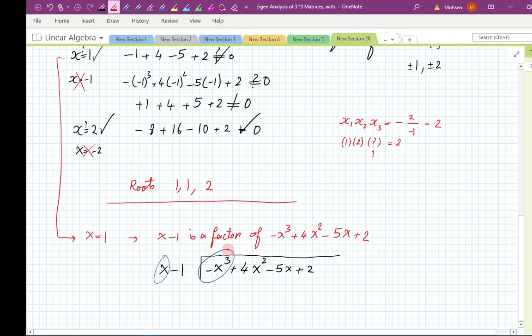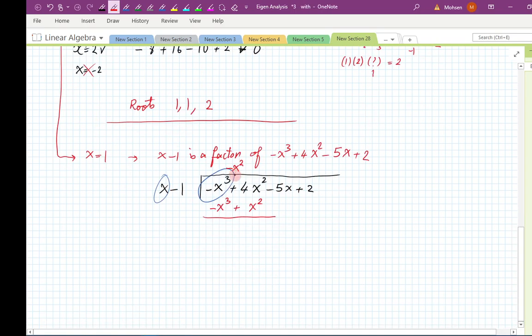The ratio is of course minus x squared. Multiplied back, so I get minus x cubed plus x squared. So take minus x squared, multiply by this denominator x minus 1, that's what you get. Then subtract. When you subtract, you are left with 3x squared minus 5x. Continue as before. So 3x squared divided by x, that's going to be plus 3x.